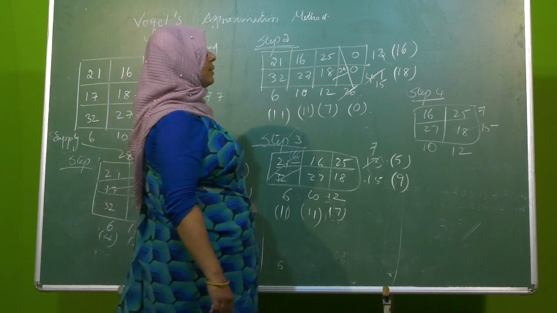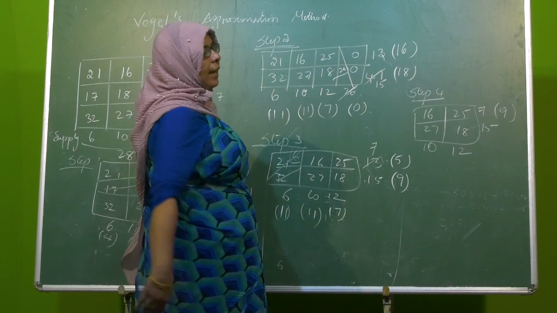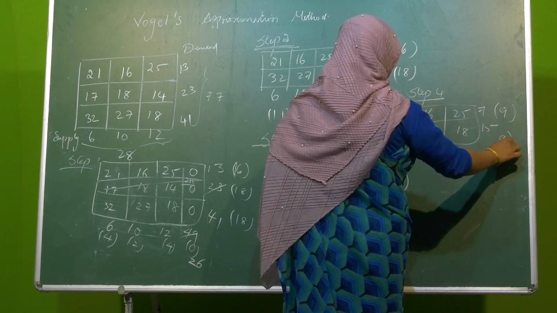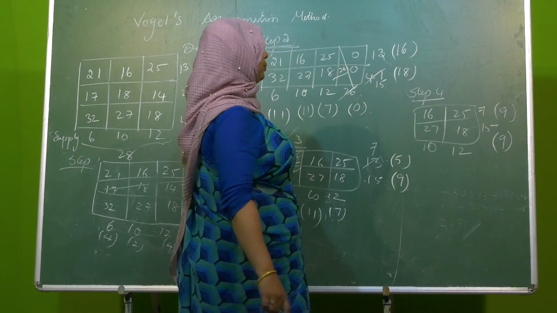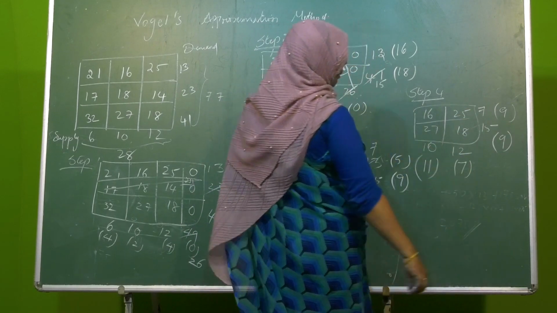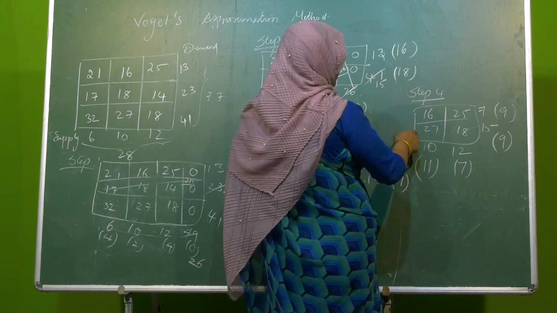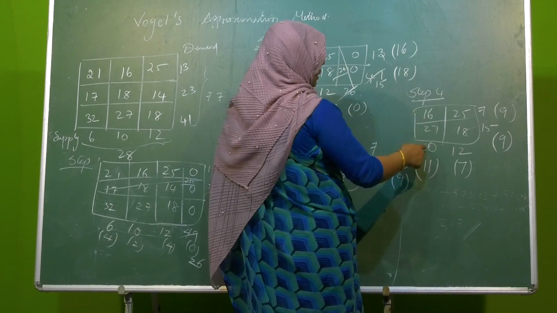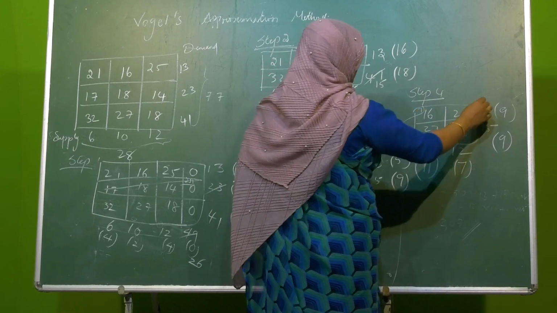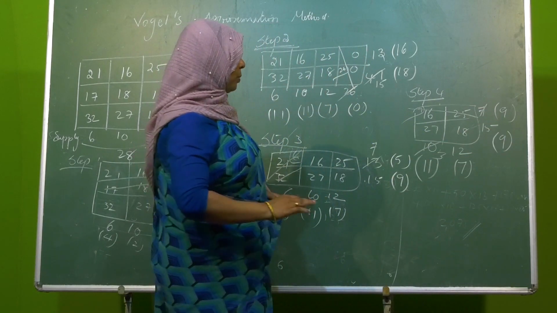What is the difference between 16 and 25? 9. 18 minus 27? 9. 16 minus 27? 11. 25 minus 18? 7. Among these, 11 is the highest difference. So select the first row, where 16 is the minimum. 7 is the minimum out of these 3. So the first row is to be vanished.